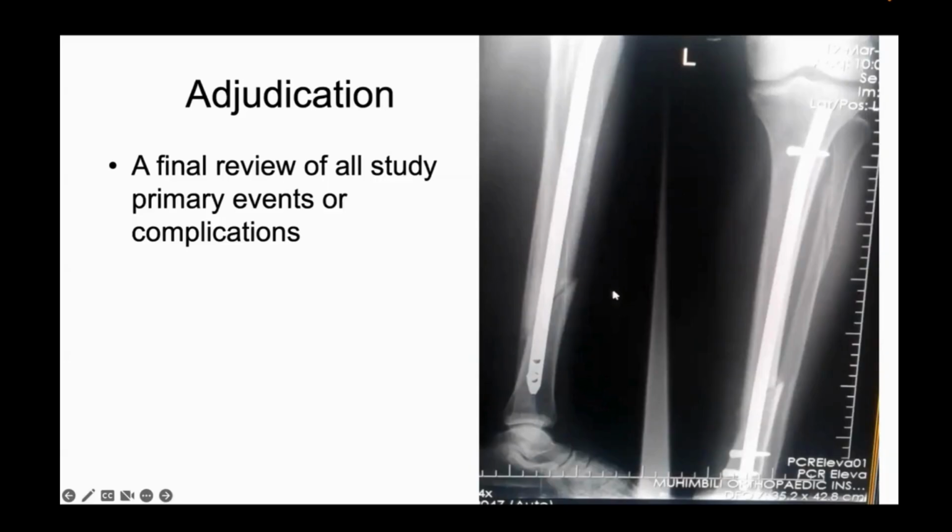The investigators will review events and develop a consensus as to whether a potential event that's being flagged on the follow-up forms counts as a primary event, right?